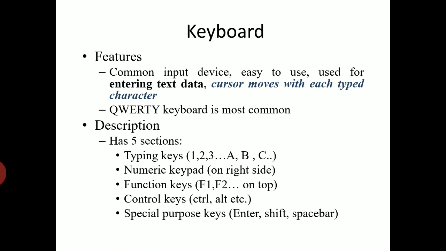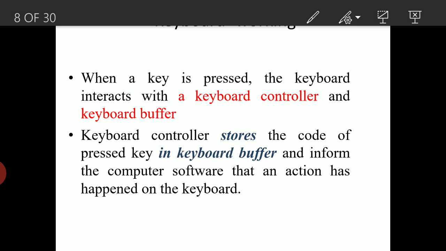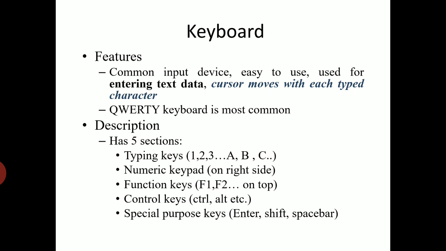The first one, the typing device, which is the keyboard. The most commonly used keyboard is the QWERTY keyboard. The name came because in the keyboard you can see that the alphabet sequence is like this: QWERTY. This is the first line in the keyboard where the alphabets start, so it is called the QWERTY keyboard.